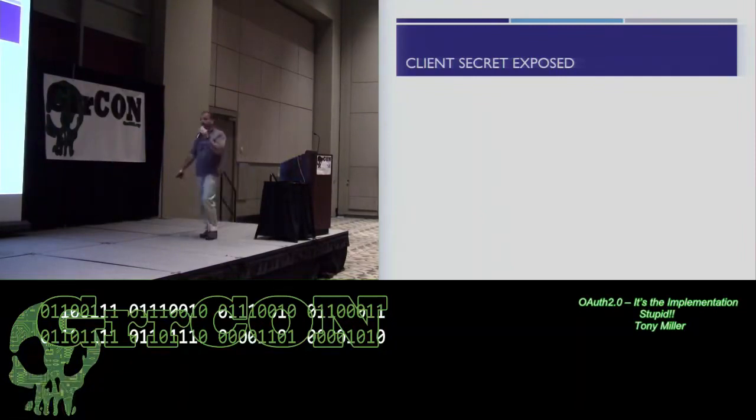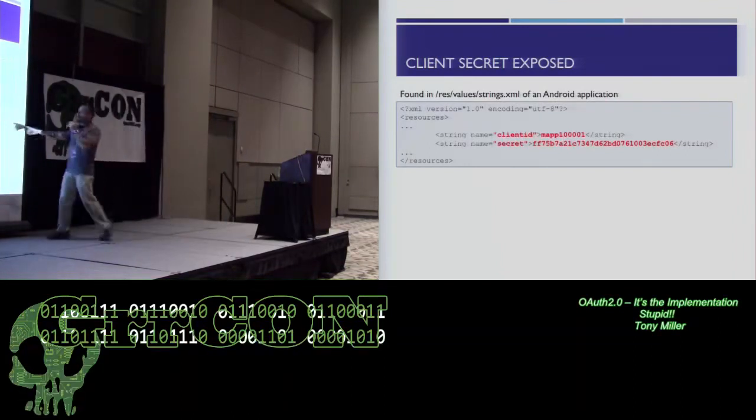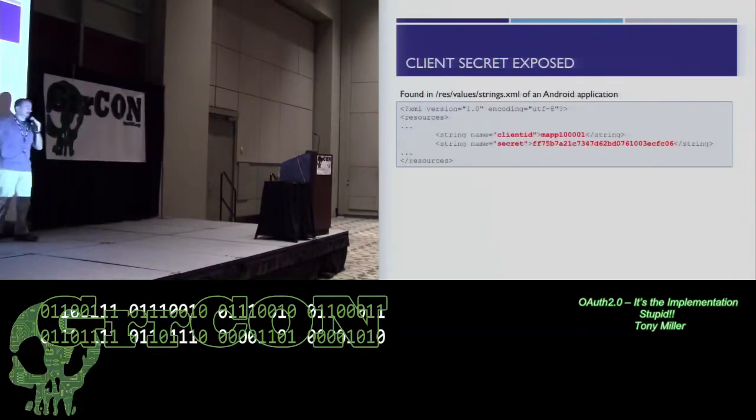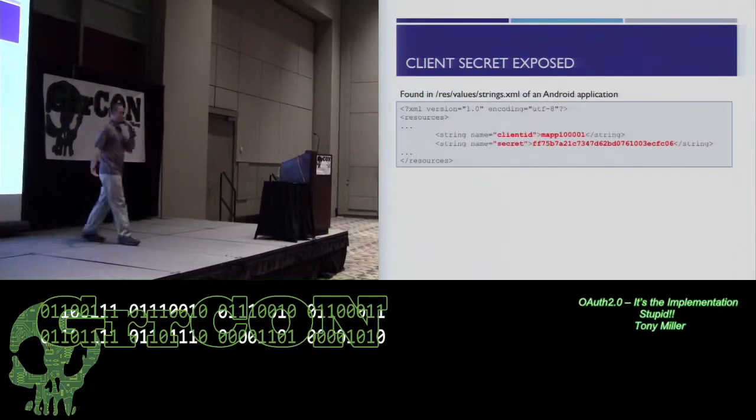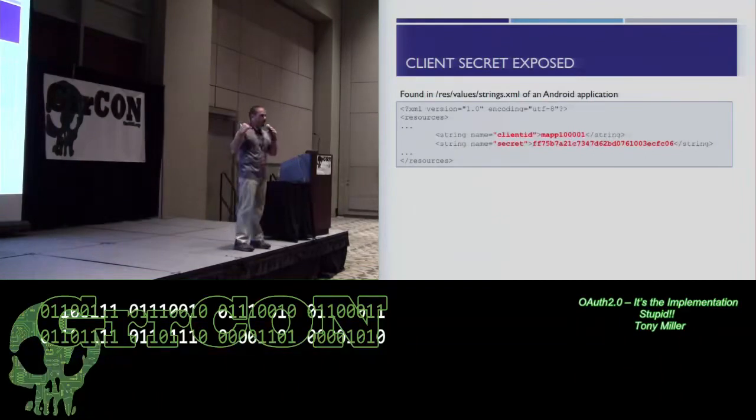So bad enough that we want to do that, 10 times worse when you see this. Pull the APK, look at strings XML, and oh my God. What I really love here, this is the cool part, this is an MD5 hash. So they went through all the trouble to generate an MD5 hash, and then they stuck it in strings XML, completely free text.